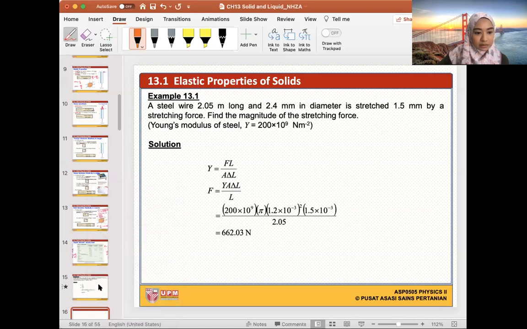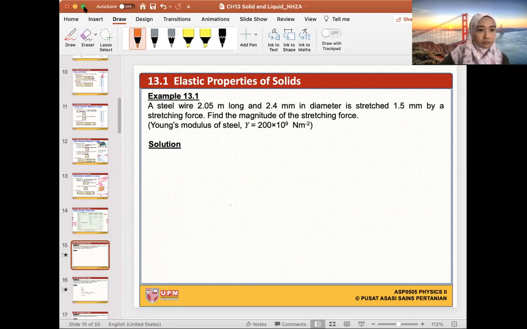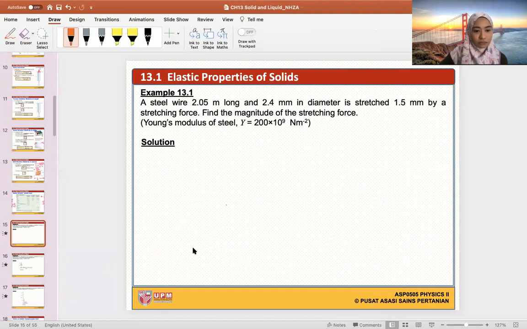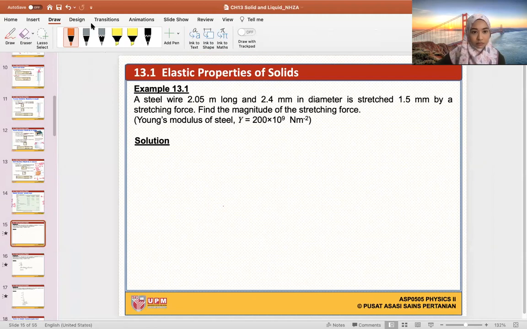Duplicate slide. Buang je. Okay, Ishraf, is Ishraf there? Tak dengar pun bunyi. Ishraf tak datang ke?